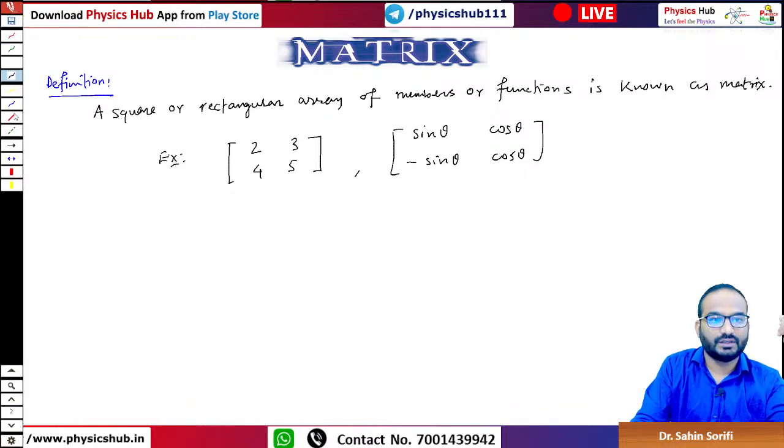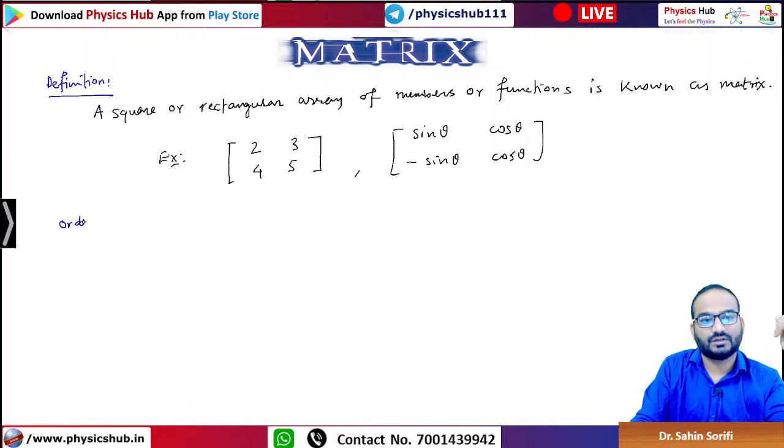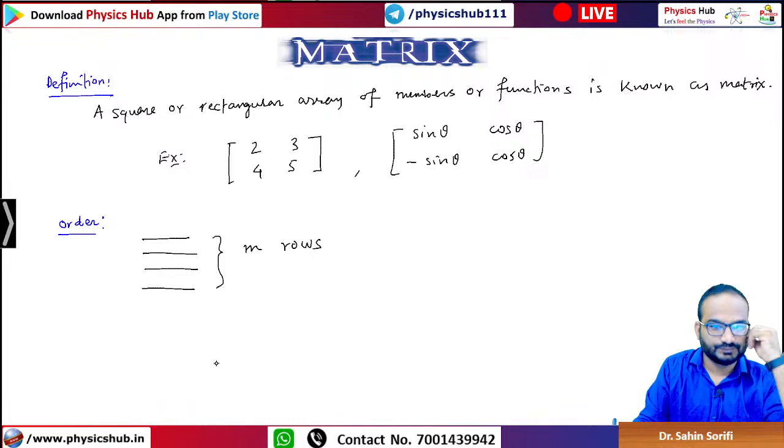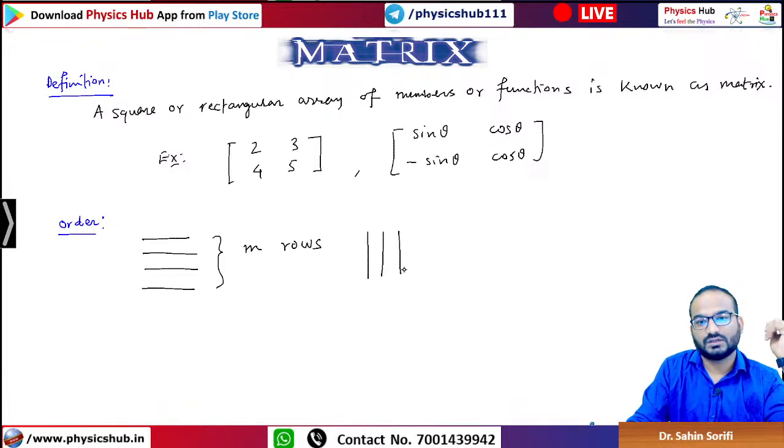Now in matrix there is something called order. I am just defining it one time. In matrix we have rows, the elements which are lying horizontally. Let's say there are m number of rows, and these are called columns.